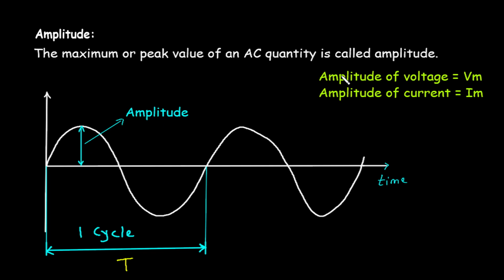For voltage, amplitude is represented by Vm, maximum value of voltage, or we can say amplitude of voltage. For current, if this is a current waveform, then the amplitude is represented by Im, maximum value of current or peak value of current.